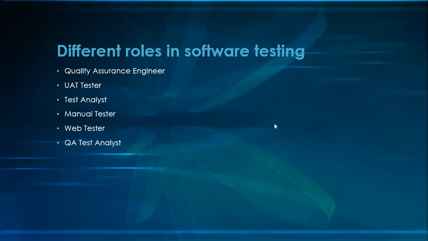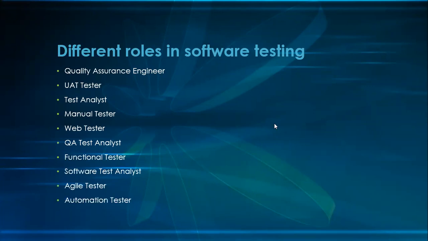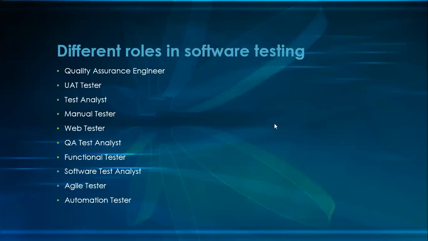You can see the first one was an engineer, that's mainly both manual and automation, everything. This also includes it. Functional tester is still it. Software test analyst, agile tester, automation tester. So these are all different roles.